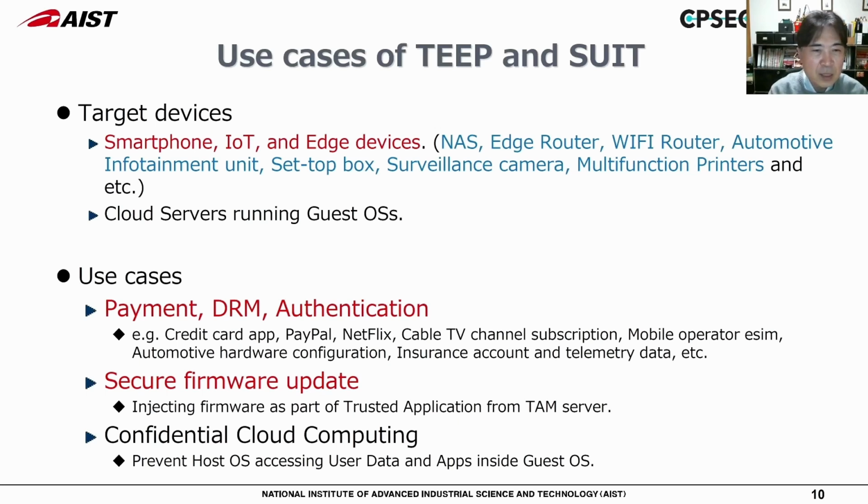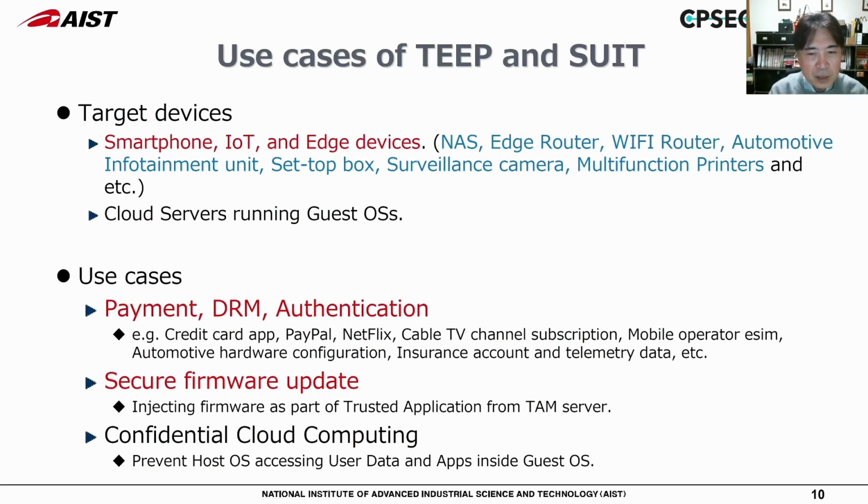Typically IoT and edge devices are called in different ways, so to explain more intuitively: NAS storage, edge router, Wi-Fi router, automotive infotainment unit, set-top box, surveillance camera, multifunction printer, whatever it is, it has an Ethernet connector or USB port. And also TEE is being adopted in cloud servers in the data center.